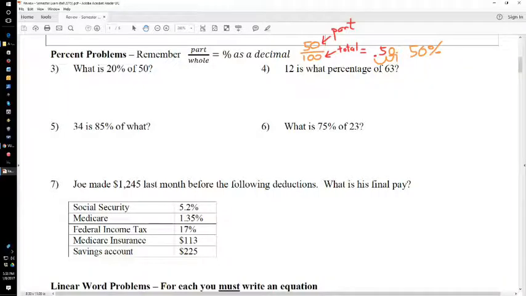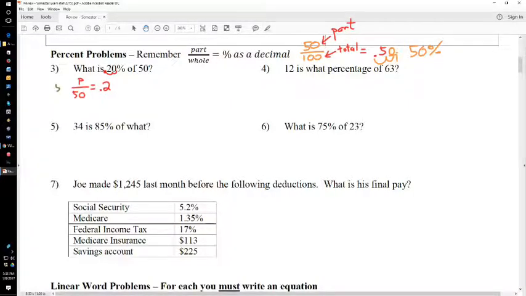So for example, number 3, what is 20% of 50? In this case, 50 is my whole. So I want the part divided by 50 equals 20%, but remember, move it as a decimal, so 0.2. All right, so solve for p in this case.